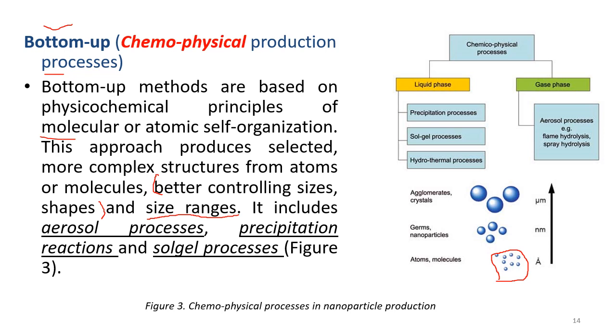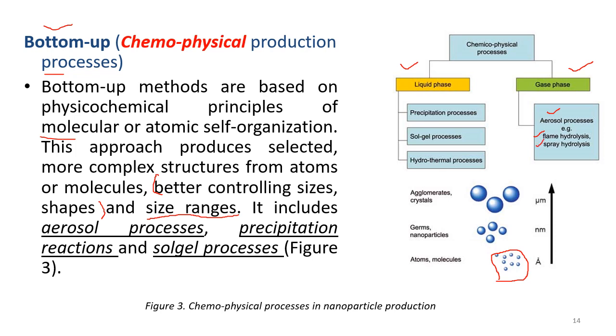Moreover, we have two methods in the bottom up approach: the liquid phase and the gaseous phase. In the gaseous phase, we have the aerosol process, that is flame hydrolysis or spray hydrolysis.